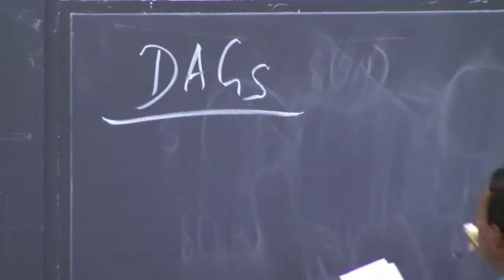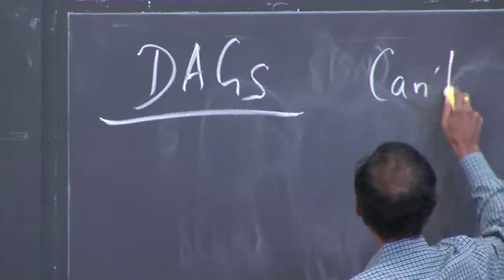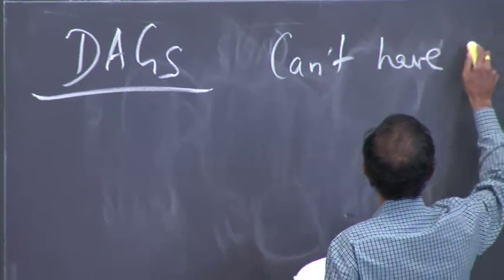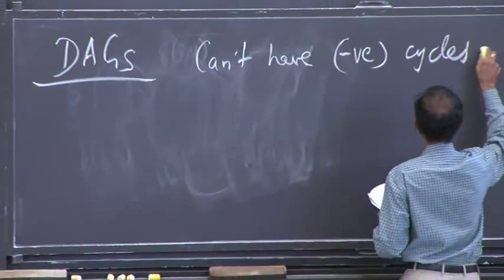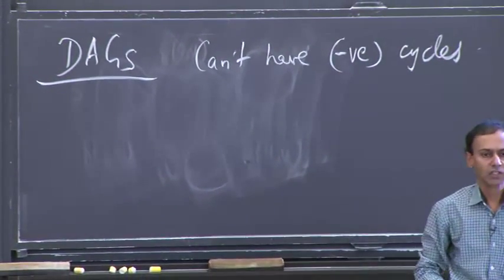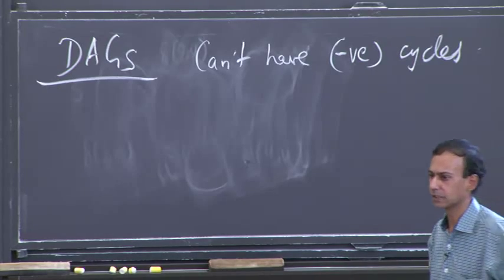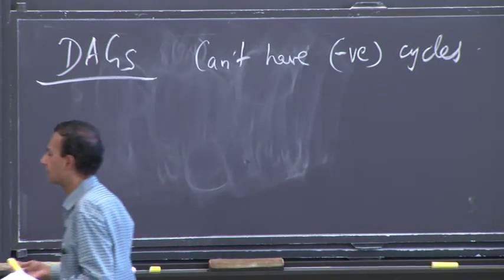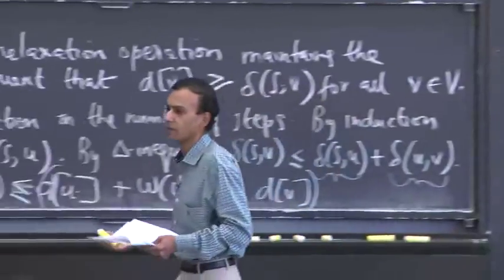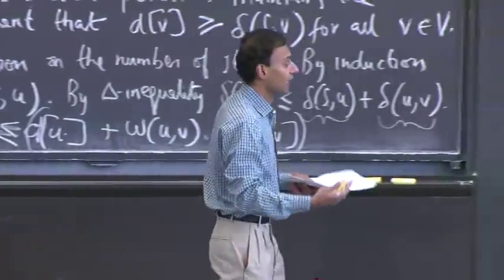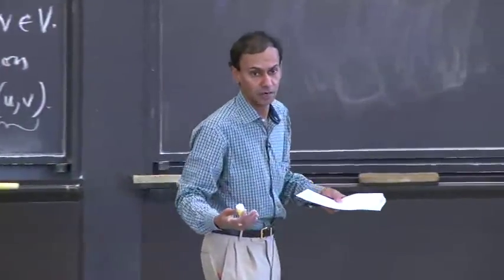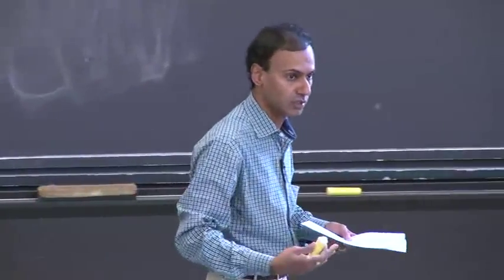So that means we can't have cycles, so we can't have negative cycles. That's why this is an interesting special case. It makes things a little bit easier for us because we don't have to worry about negative cycles. We're actually going to look at DAGs that have negative edges in them. All right, so we're allowed to have negative edges in these DAGs, but we don't have negative cycles.